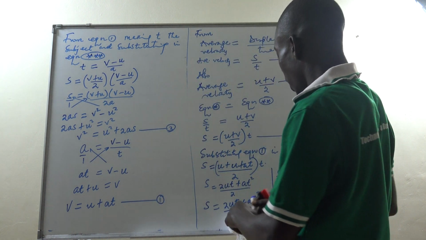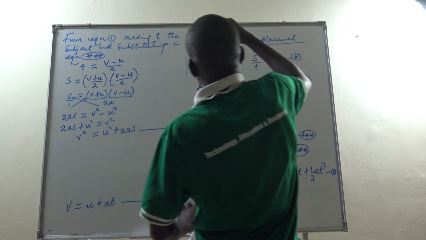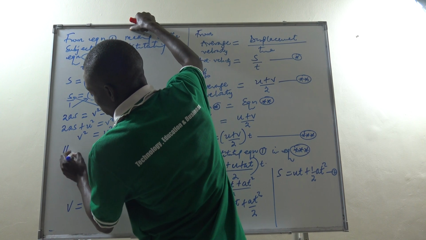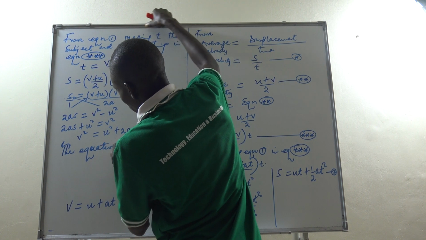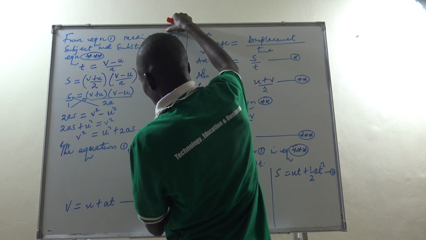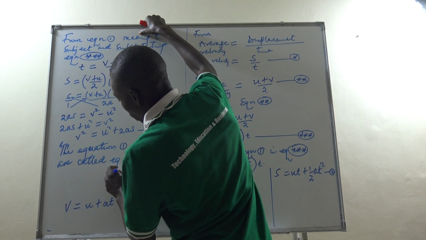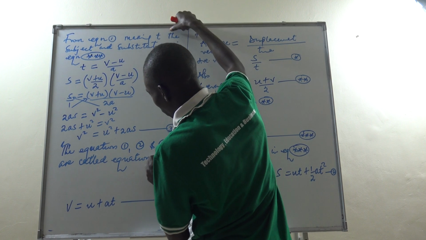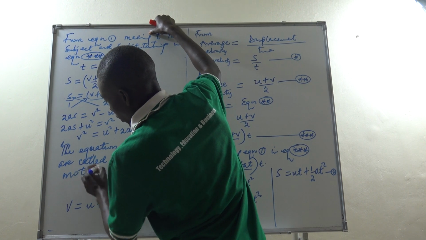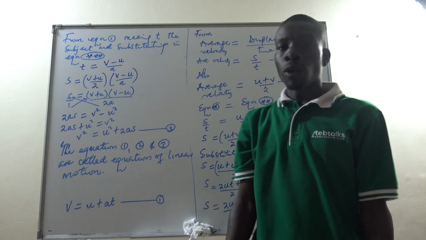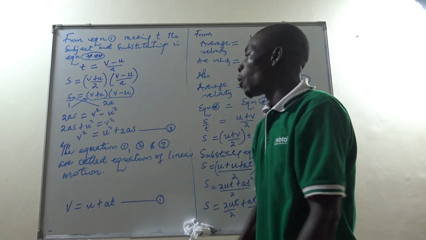So in conclusion, equations 1, 2, and 3 are called the equations of linear motion. Is that okay? So the equations we have derived are the equations of linear motion. Let's meet in the next episode and see how we can apply them.